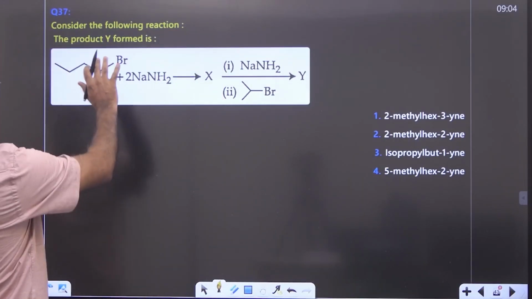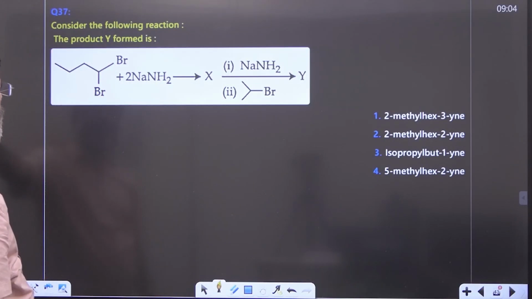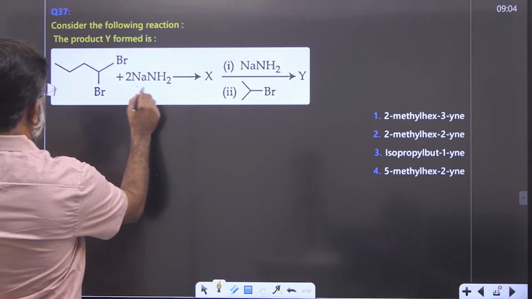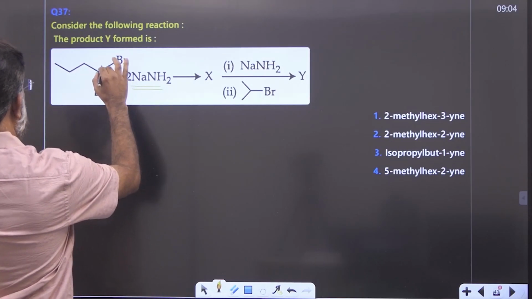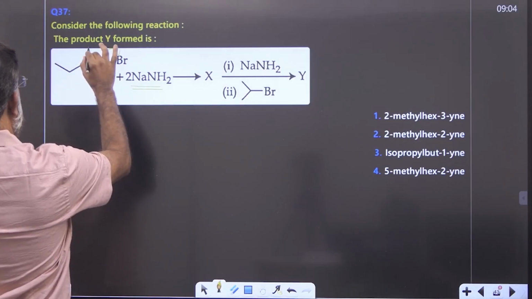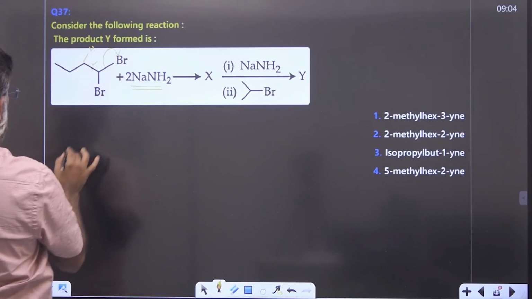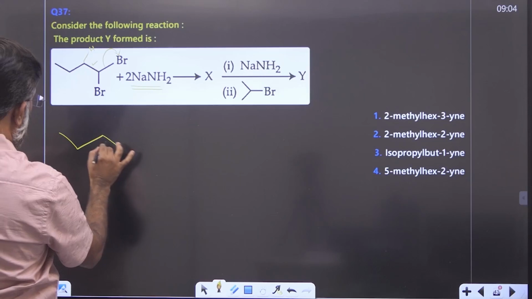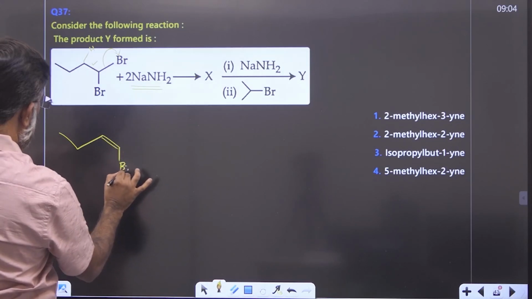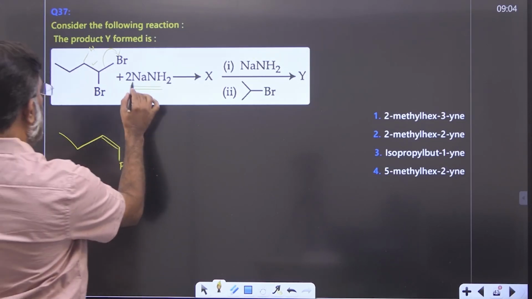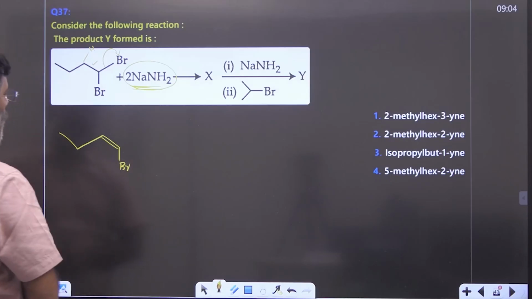Here you have a gem dibromide treated with 2 moles of NaNH2. When it is treated with NaNH2, first the bromine goes and hydrogen goes, and you get a double bond. This is the product after reacting with 1 mole of NaNH2.